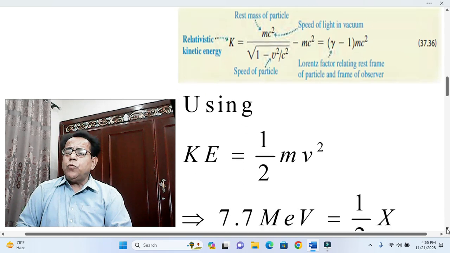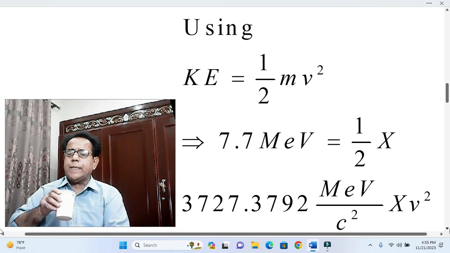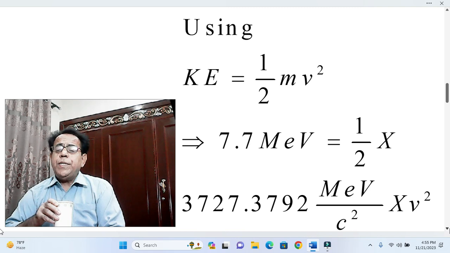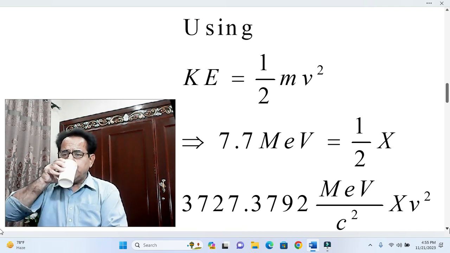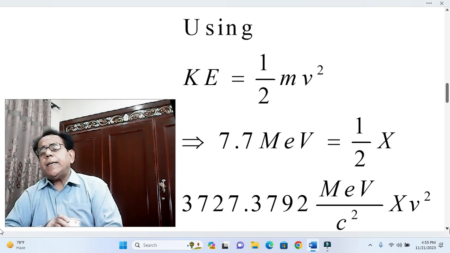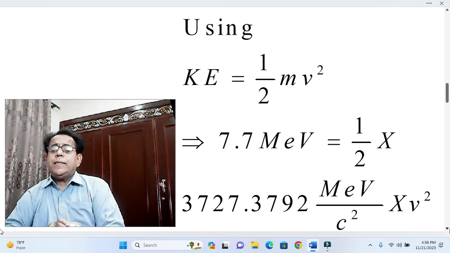Now we come towards our solution in a formal, proper manner. Using kinetic energy equal to half mv square, that is, this kinetic energy is determined Newtonian or classically. Kinetic energy is actually given in the problem, which is 7.7 million electron volt.